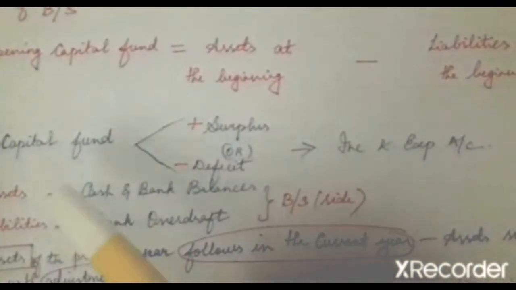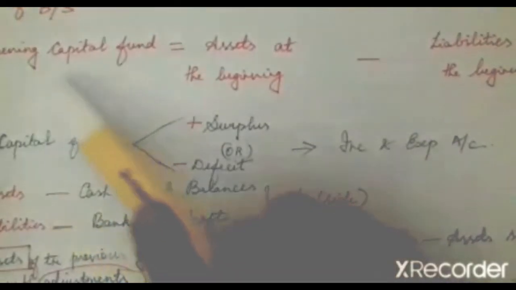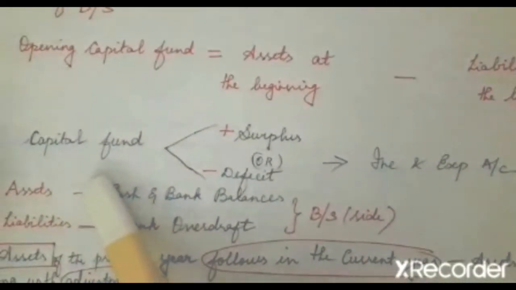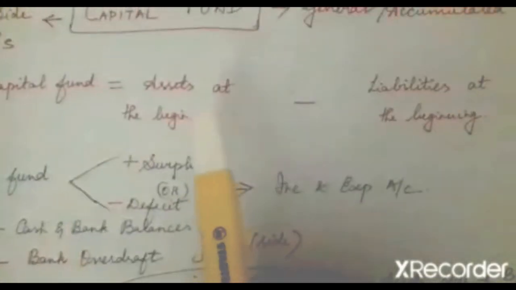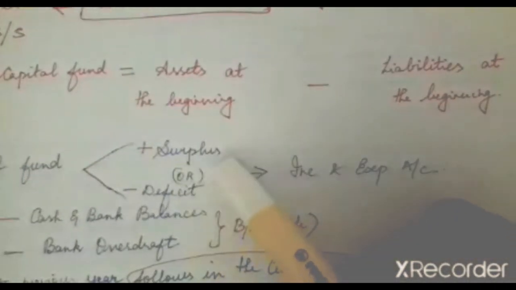Now, along with the fund that has been arrived at after deducting liabilities from assets, next you will have to consider your income and expenditure account.